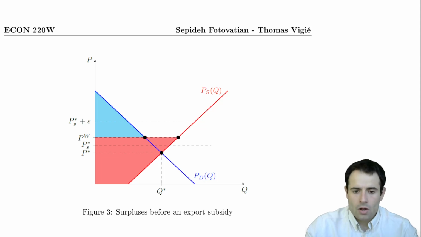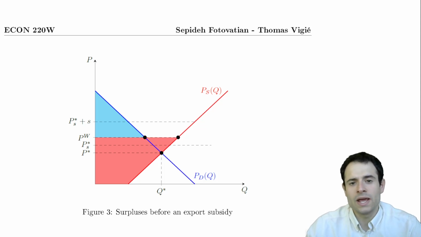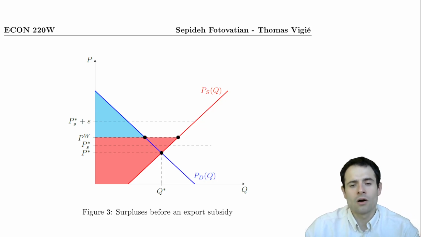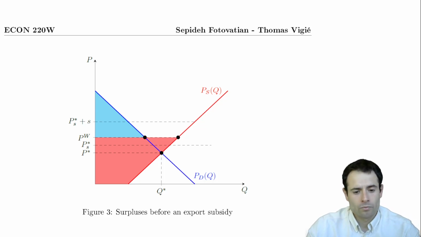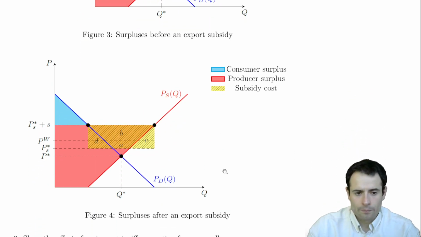Now, the price in the home country is going to increase to P star S plus S. So producers will gain this much surplus, and consumers will lose this much surplus. Now we have to be careful about what the government is going to have to pay to the firms in the form of export subsidies. So, at this price, the consumer surplus is now lower.